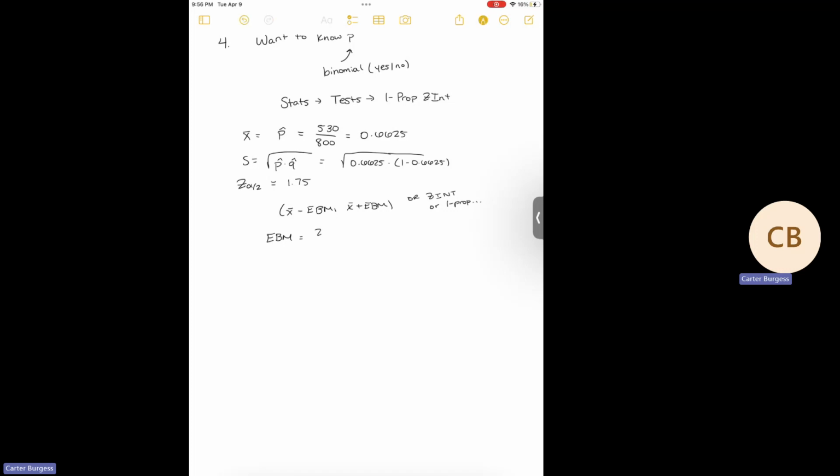This is going to be equal to our z-score times S over the square root of n. It's going to be equal to 1.75 times S, that's our square root of 0.6625 times 1 minus 0.6625, divided by the square root of, we said we surveyed 800 people.